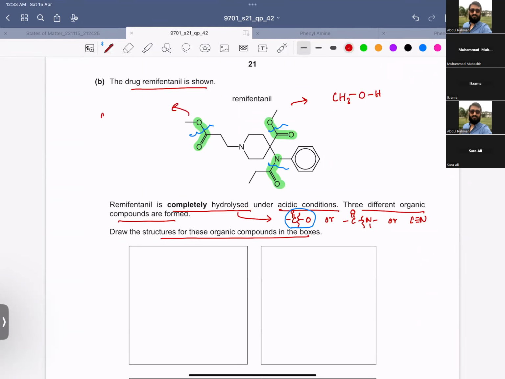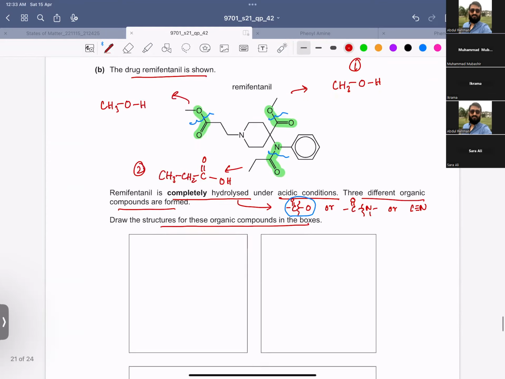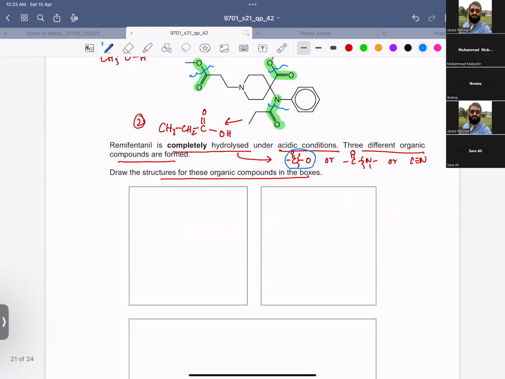In the same way, here I got CH3O, and to O, H is bonded, making methanol. And here I would get CH3CH2C double bond O, and to this carbon, the OH would bond. So see, I got my first product, I got my second product. Is this clear? So CH3OH and CH3CH2CO2H. Yes, is it clear to everyone?